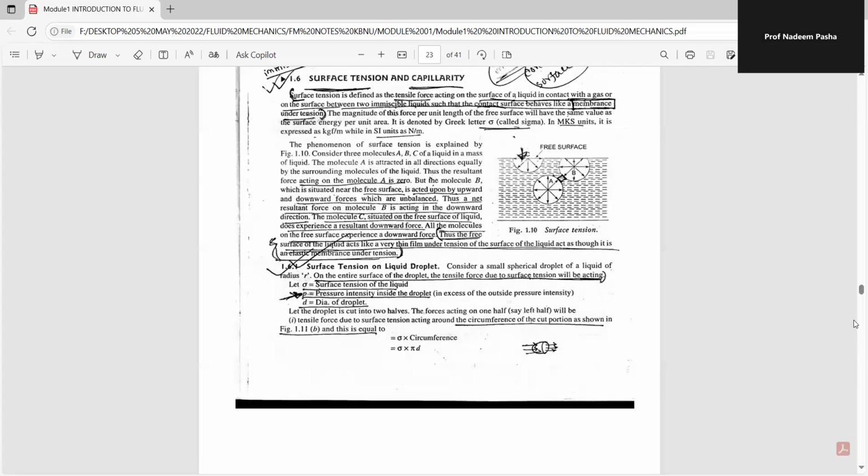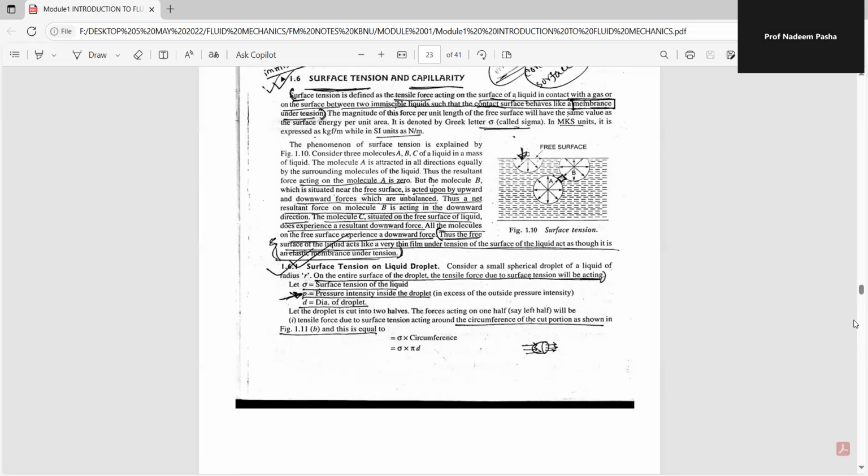Similarly, bubble B is 80% inserted inside and 20% above, so the force acting on it is unbalanced. Whereas bubble C is half inserted and half subjected to the atmosphere, as a result of which the thin film is acting in between, so it is known as surface tension.